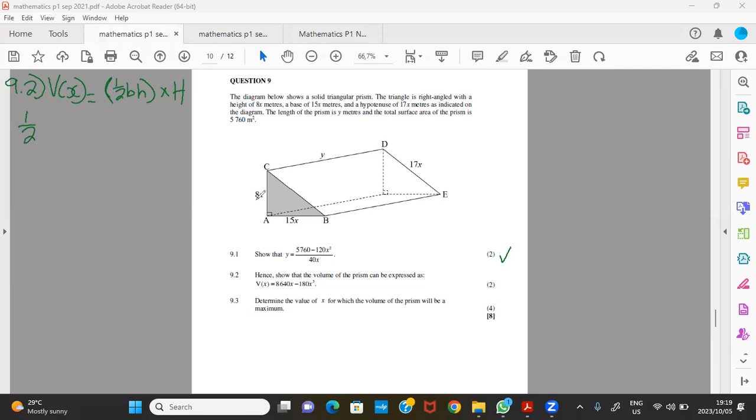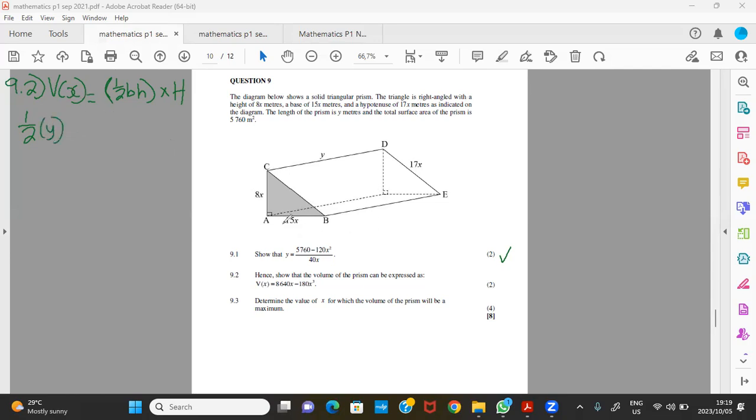And then the base. So what is my base here? My base is y, basically, right? My base is y.